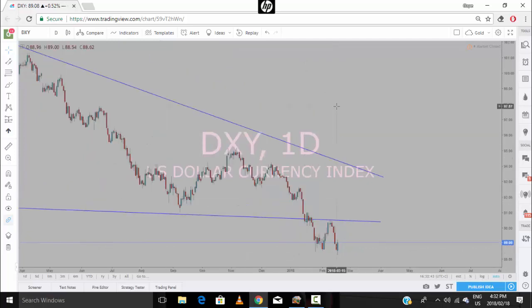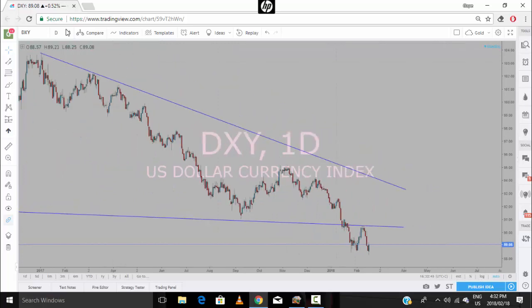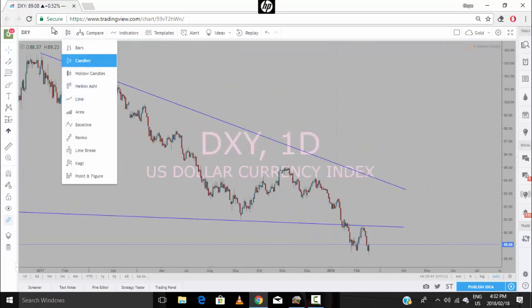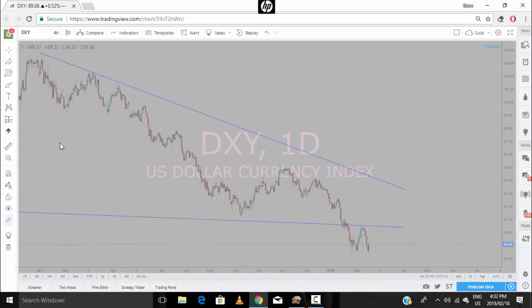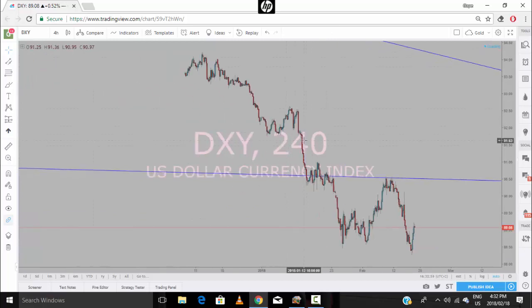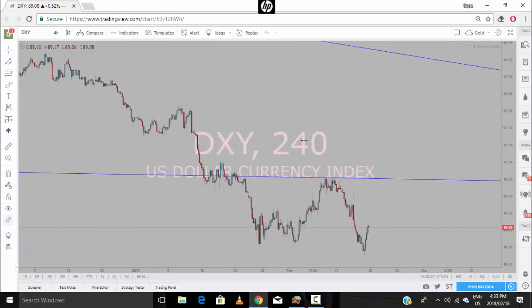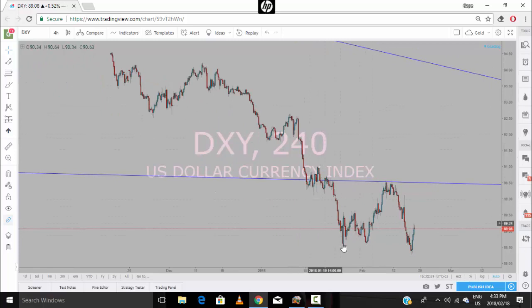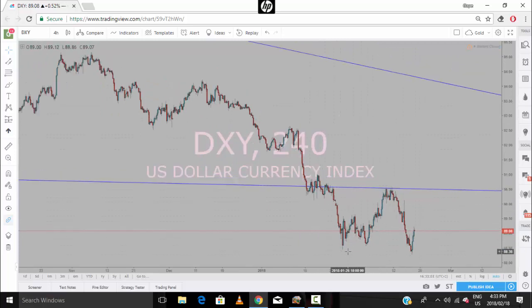So right now on the 4 hour, this is our 4 hour, and you see, we went up there, and then we had a double bottom.